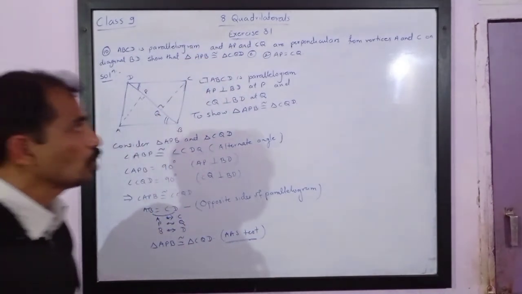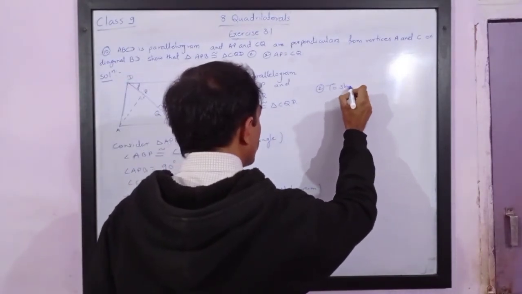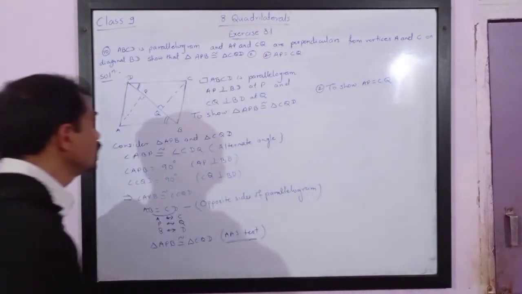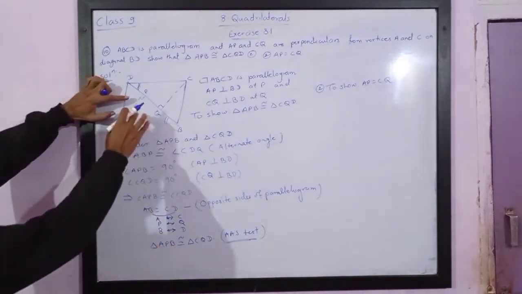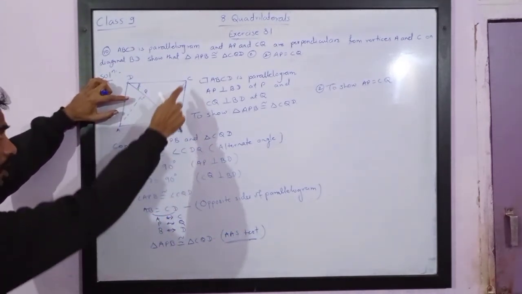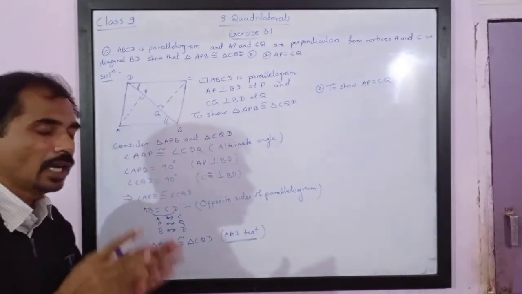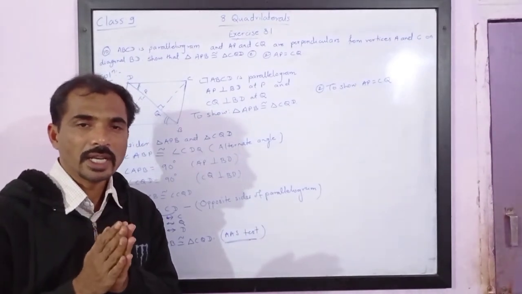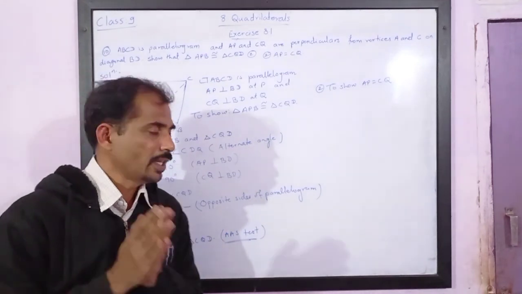Now second, we have to show AP equals CQ. Watch carefully. If these two triangles are congruent, APB is congruent to CQD, it means if you keep them one above the other, all three sides of one triangle will coincide with three sides of the other triangle, and three angles of one triangle will coincide with three angles of the other triangle.